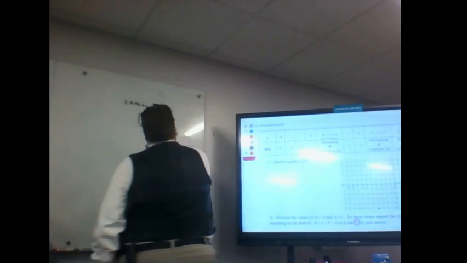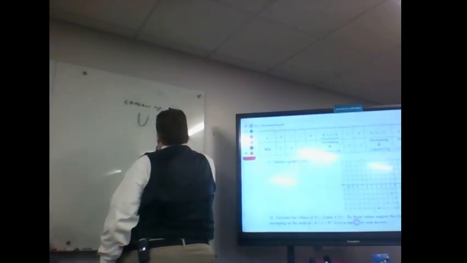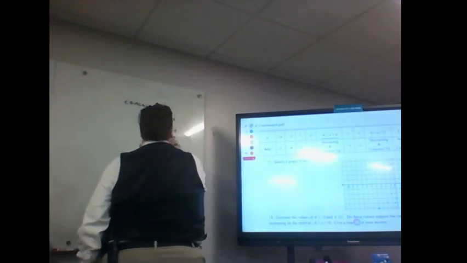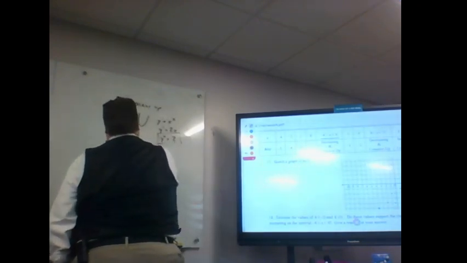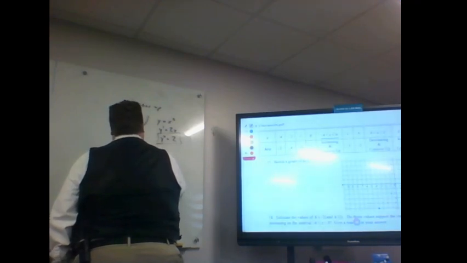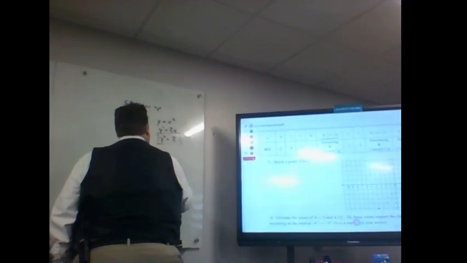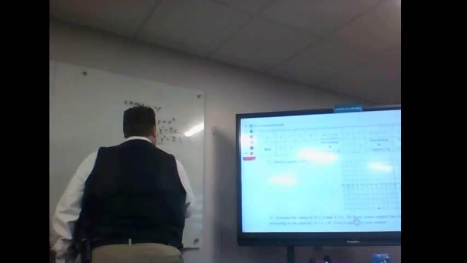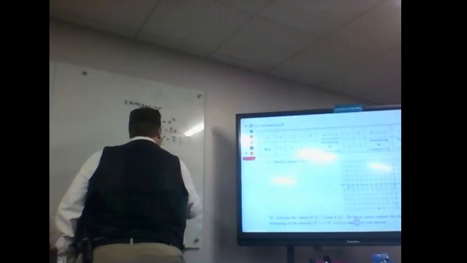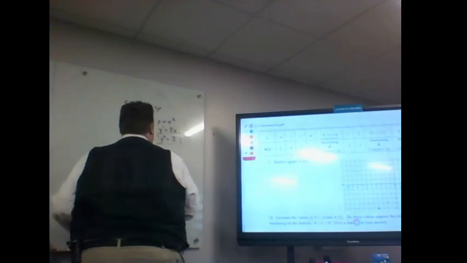I would get an answer for y prime of 2x, for y double prime, 2. That's a positive number, so it is clearly concave up. Concave down is the opposite. So y equals -x squared. So y prime would be -2x, and y double prime would be -2, which is clearly making it concave down.